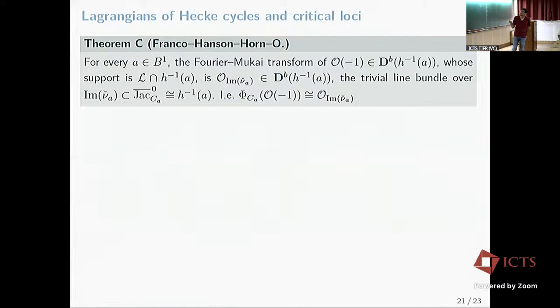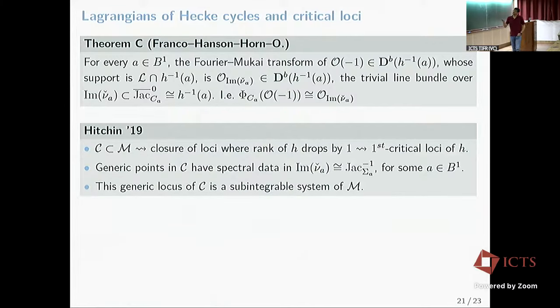Okay, so this image has been considered by Nigel a few years ago, where in this case it's this C. So Nigel introduced this loci, which I'm now calling C, the closure of the loci where the rank of the Hitchin map drops by 1, okay? Actually, it can drop more, but I'm considering dropping just by 1.